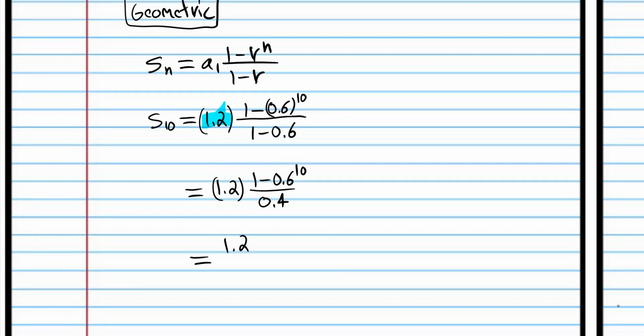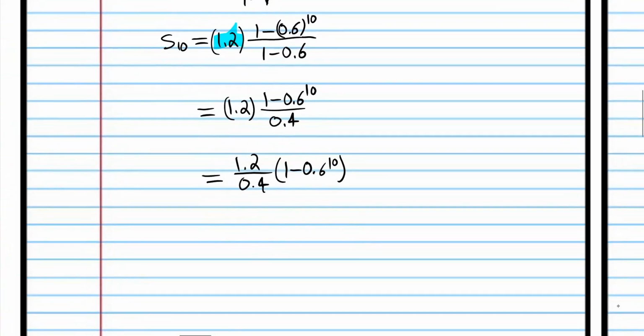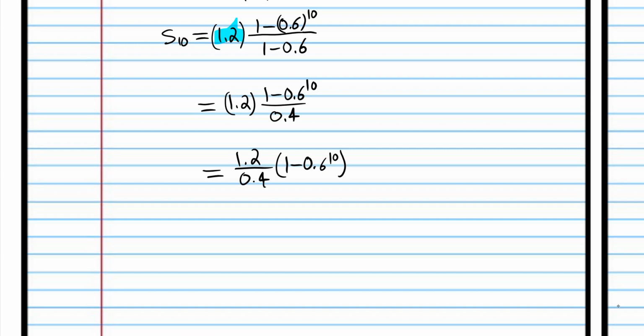And then we can take the 0.4 out. Some teachers may say that it's not really even necessary to simplify beyond this point. But if you can combine these, it's really best to do that. 1.2 divided by 0.4 is 3, because 0.4 goes into 1.2 3 times. And you can see that this is a much simpler form to write our answer in.